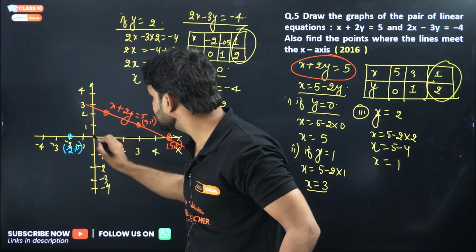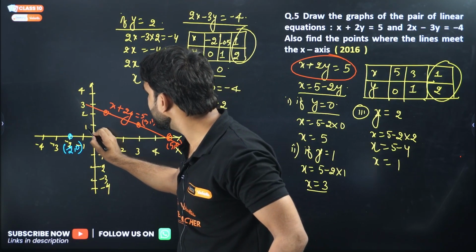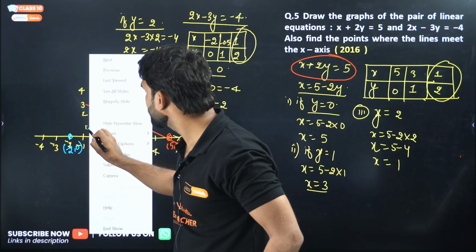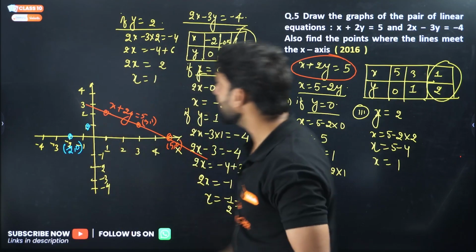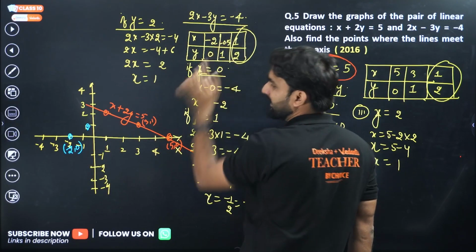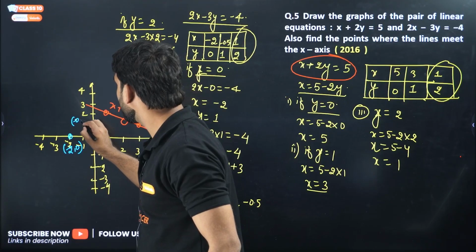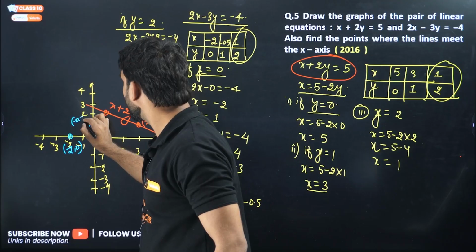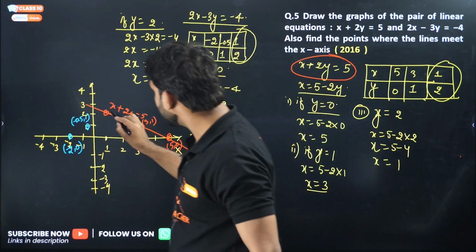The point will be somewhere here, in between the origin and minus 1, because 0.5 is negative. So this is minus 0.5 comma 1. And the second coordinate is 1 and 2 here. Very good.